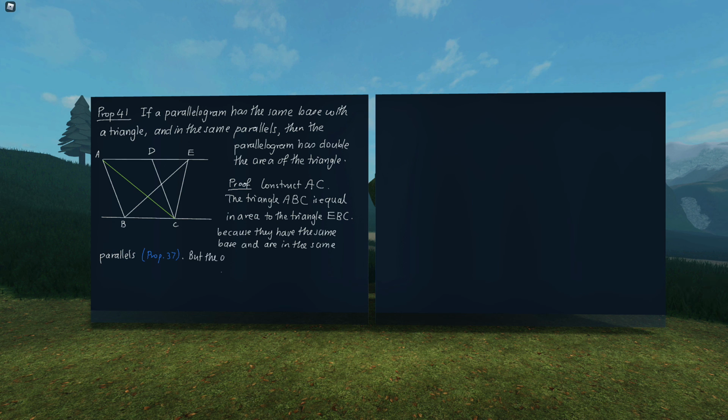But the area of ABCD is, by, what's this, 34? Double that of that triangle. And since the area of that triangle is the same as the area of EBC, the claim follows.